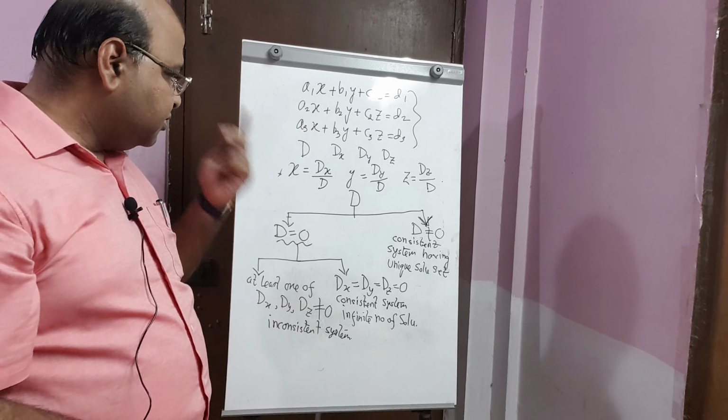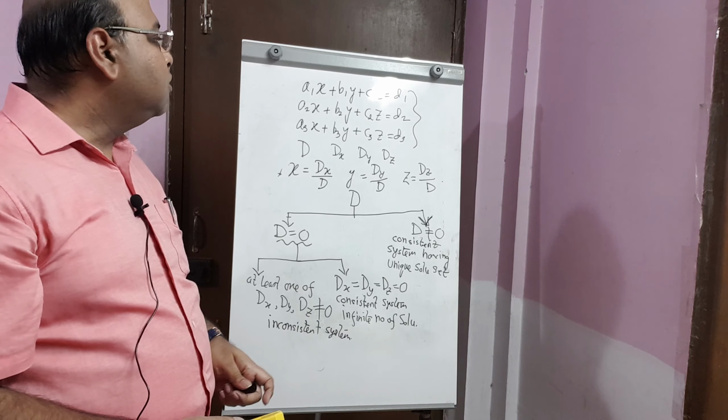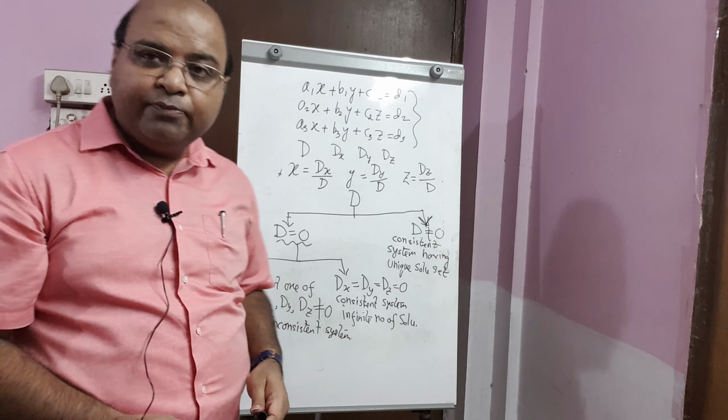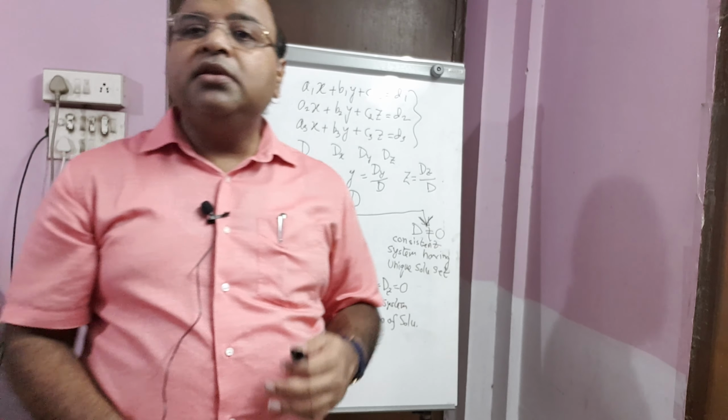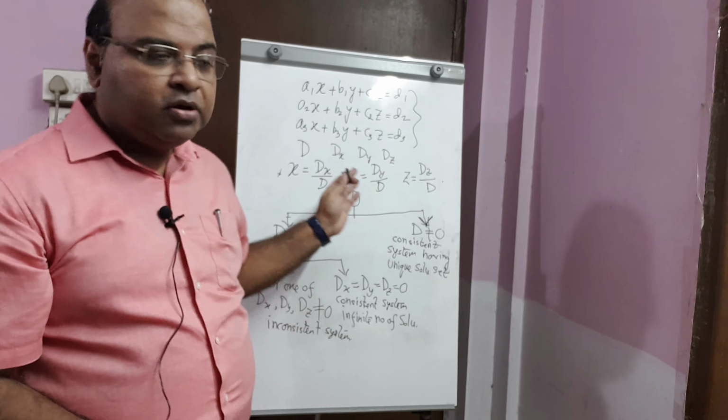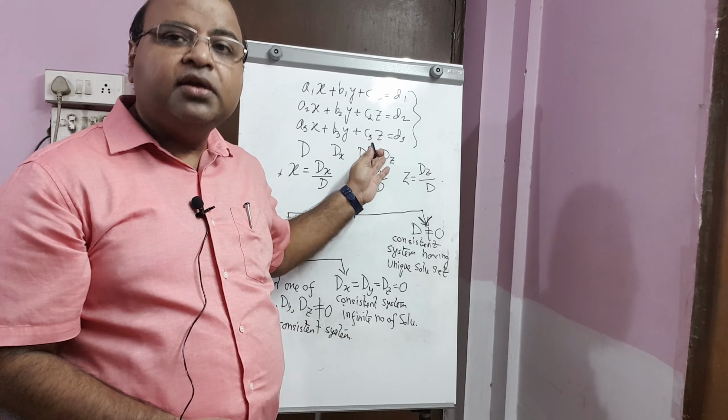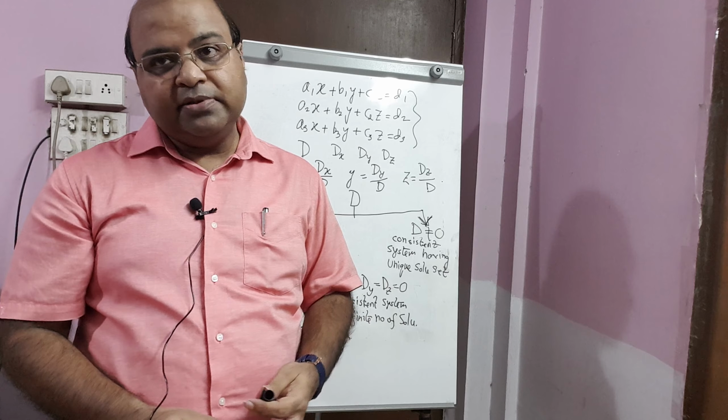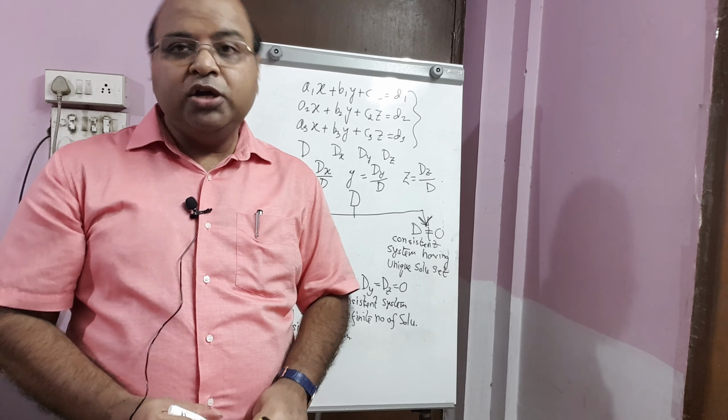So this is the discussion on consistency of a system of linear equations with the help of Cramer's rule, and we can extend the same for a linear system having n number of variables or n number of unknowns.